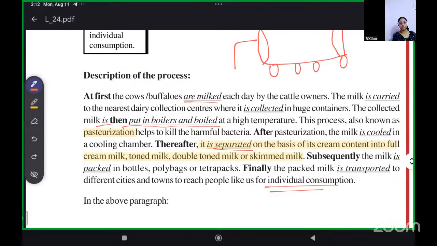Ma'am, active voice and passive voice, ma'am. Yes, Edric. So, what is active voice and passive voice? Ma'am, like active voice is like he said, please do it. But the passive voice is that he requested him to do it. Yes, that is right.